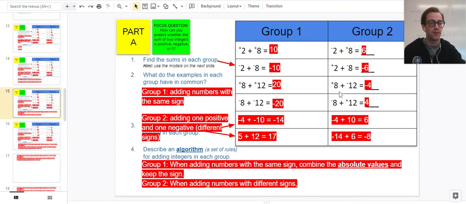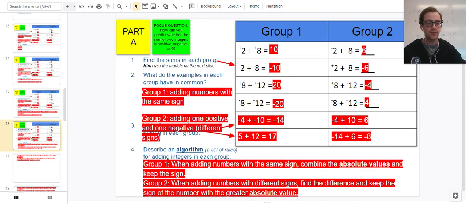Does it work down here? Well, the difference between 12 and 8 is 4. Which number is bigger, 12 or 8? 12 is bigger. It's negative 12, so it's negative 4. Let's write that down. When you're adding numbers with different signs, find the difference and keep the sign of the number with the greater absolute value.